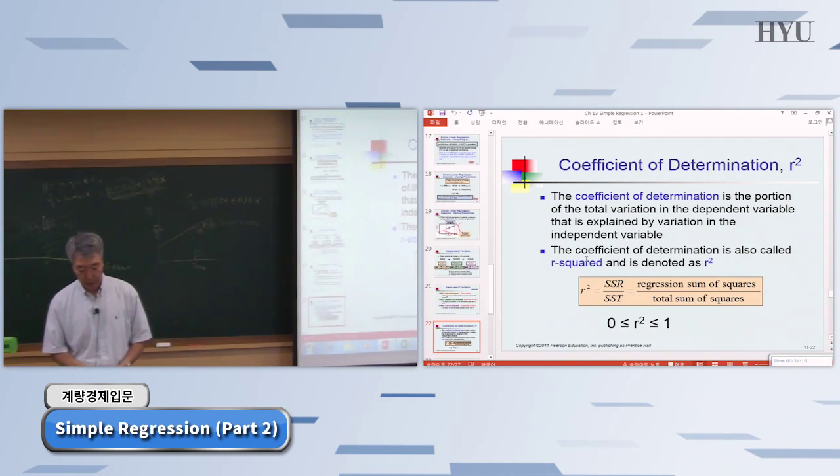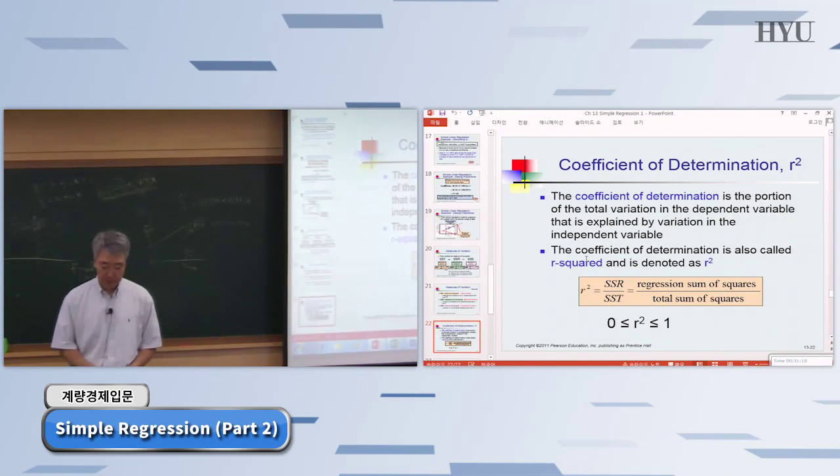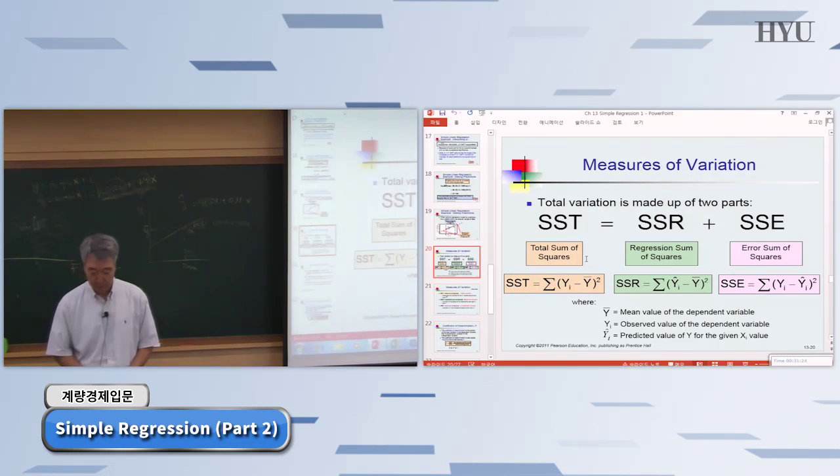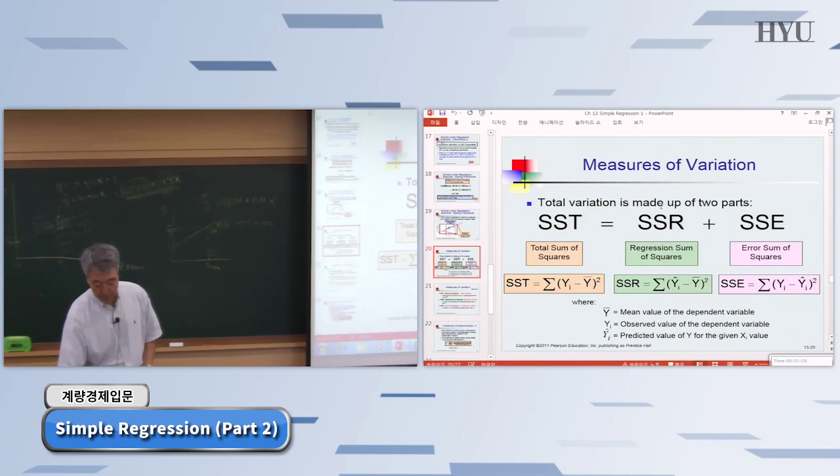R squared can be calculated by dividing SSR by SST. Going back to this, right? Dividing SSR by SST, and that's going to simply give you the portion, right? How much of the SST is actually explained, right? And obviously, the larger the better, right?